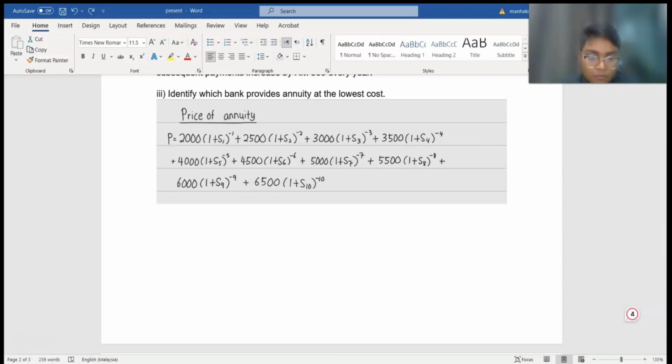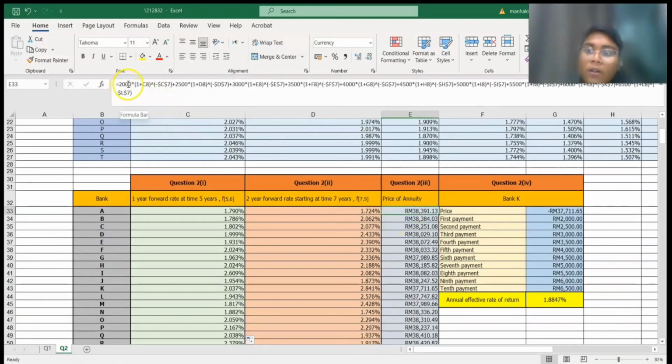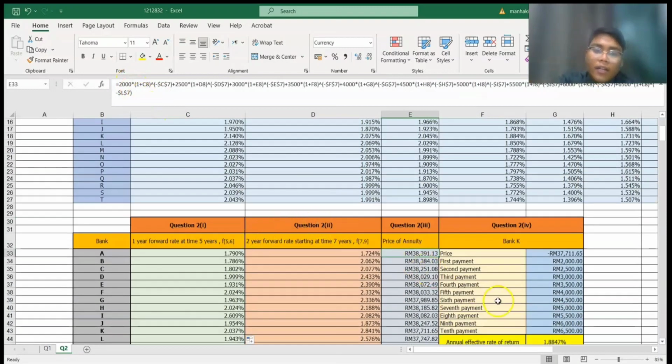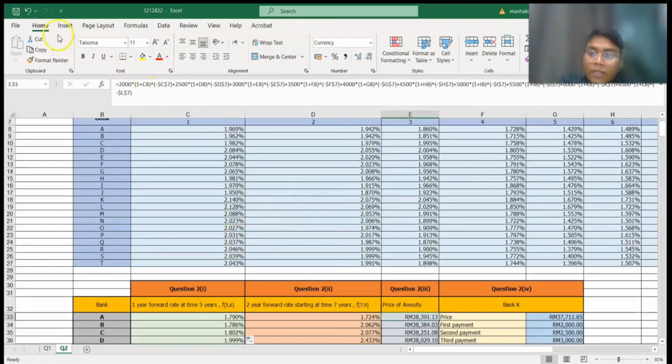Alright, so for the price of the increasing annuity, I have used 2000, which is the first payment, 1 plus C8 here, to the power of negative 1.